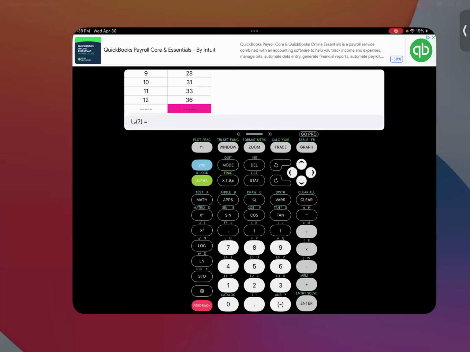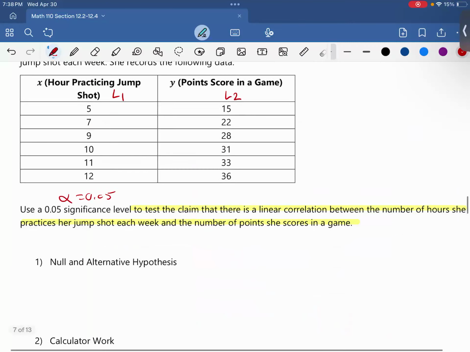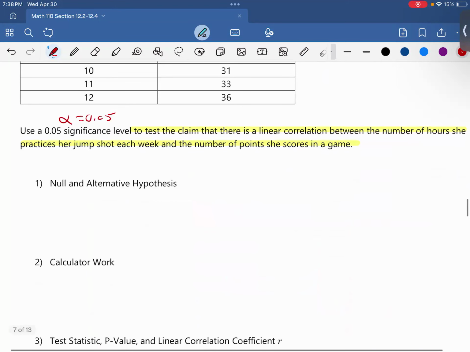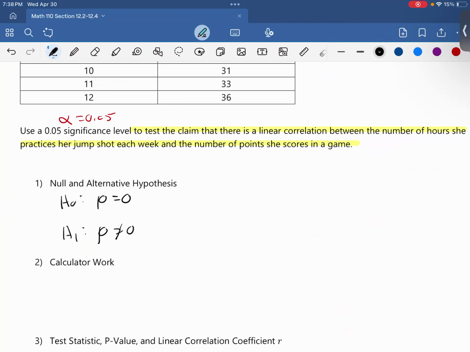So let's go back to the notes and write out our hypothesis and our calculator work. Our hypothesis is always going to be the same. We have our null and our alternative: rho is equal to 0, and rho is not equal to 0. Rho equal to 0, our null hypothesis, means there is no linear correlation.